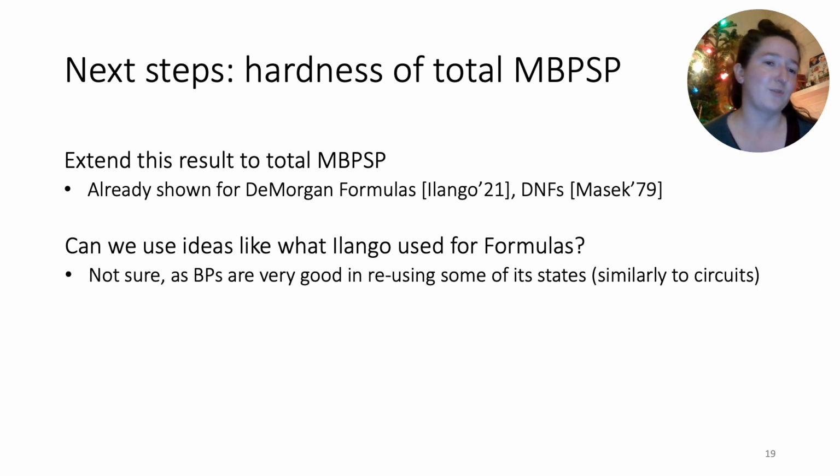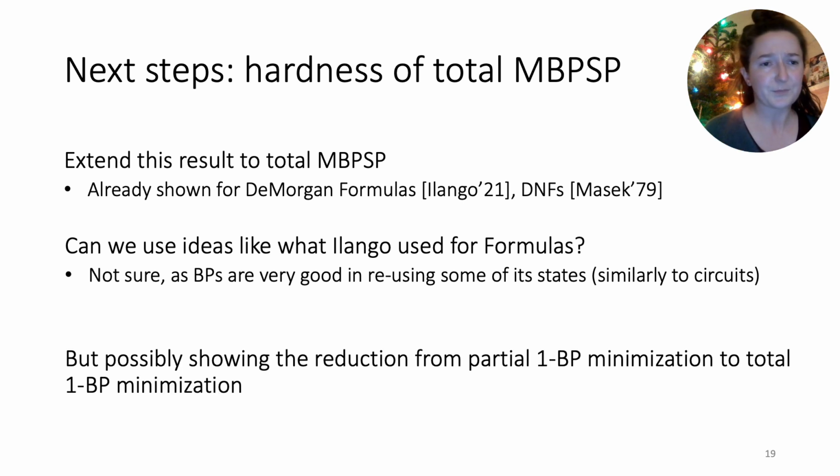But we're not sure about that, because branching programs are very good at reusing some of the computations, because they can rewire, and it makes it hard to analyze, similarly to circuits. But we think that it's feasible to show a reduction from partial read-once branching program minimization, read-k branching program minimization, to total read-once, read-k branching program minimization.